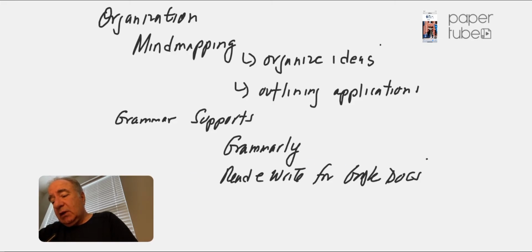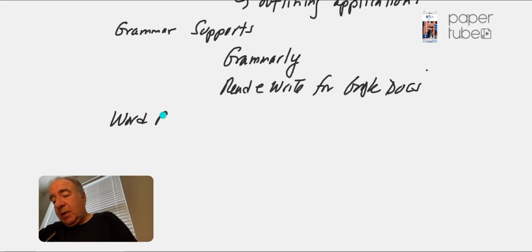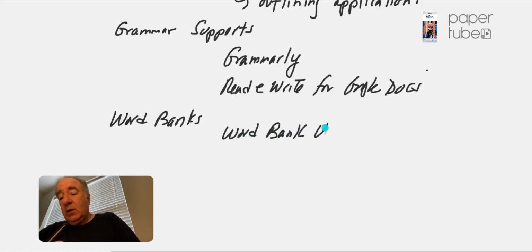Also mentioned were word banks. Word banks, like the application Word Bank Universal, can be really helpful to help students generate ideas or pick ideas or words out from the word bank, to help them both with ideation as well as spelling. So those can be really helpful.